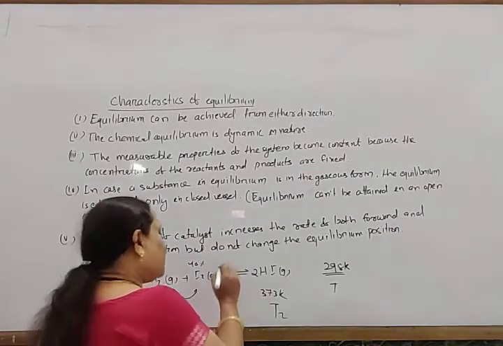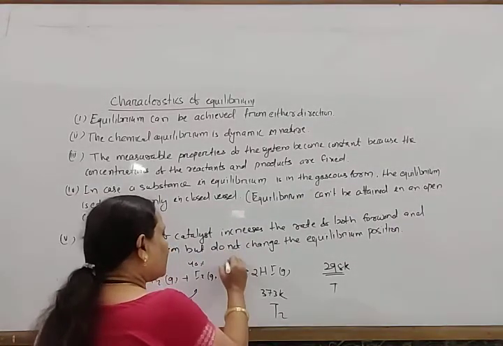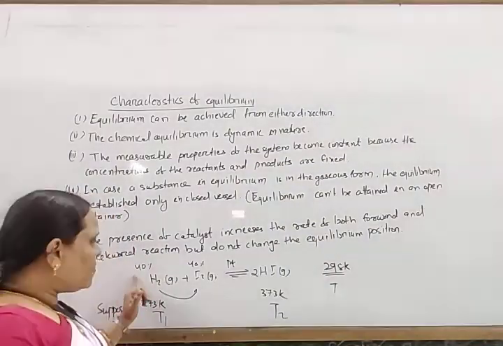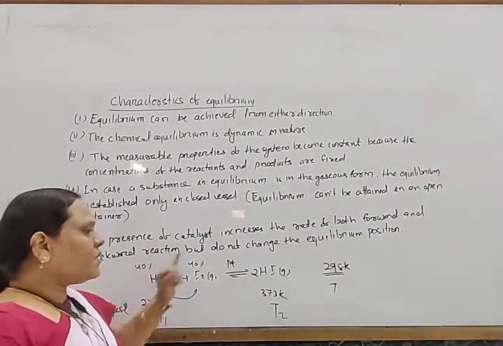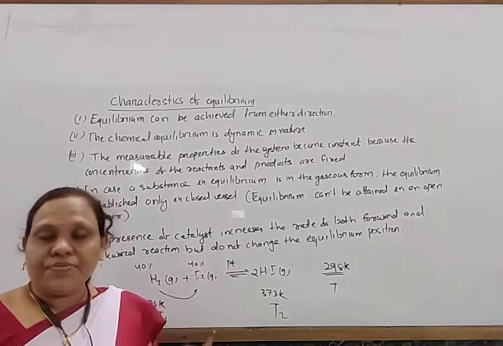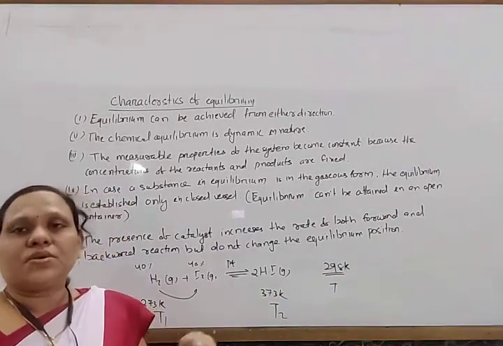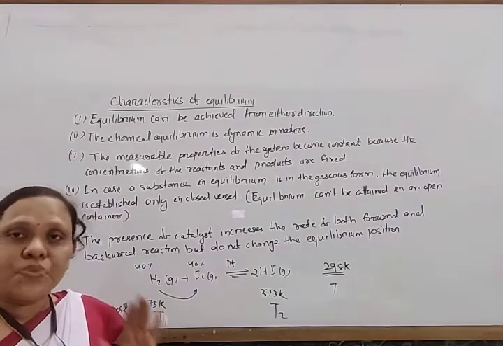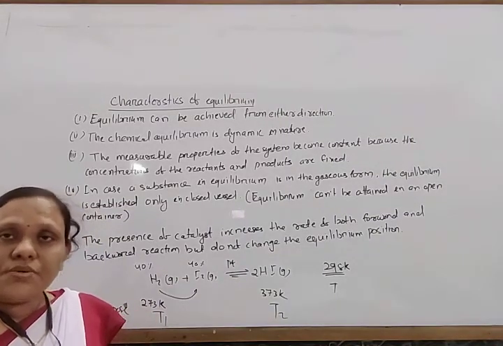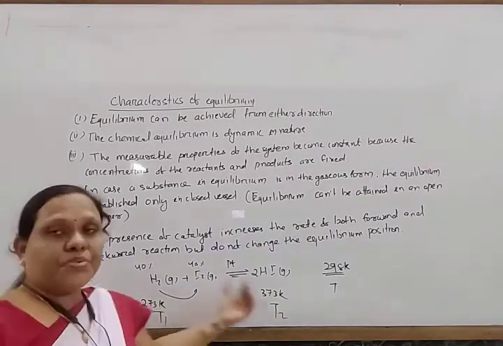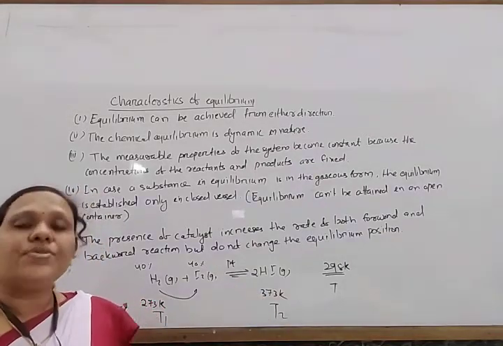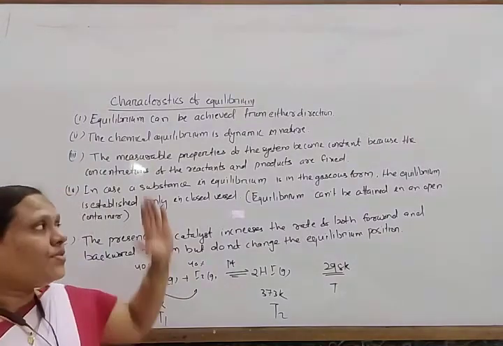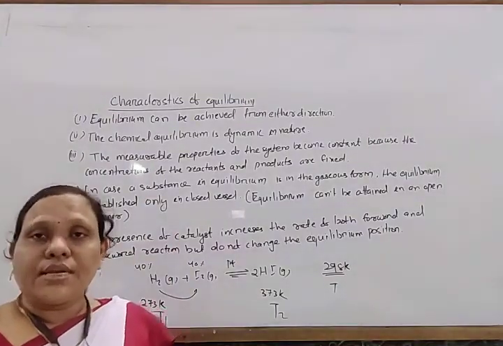Similarly, when you use a catalyst, platinum, then also at 40% H2 and 40% I2, the equilibrium will be achieved. But the speed of the reaction only increases. So the catalyst does not change the position, the reactant and product concentrations do not change, but the equilibrium will be achieved at a faster rate. These are the characteristics of equilibrium.